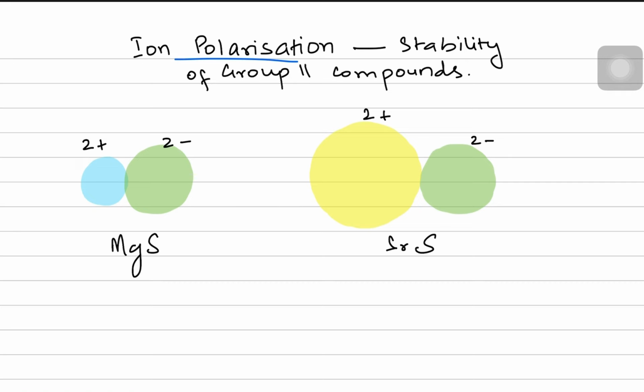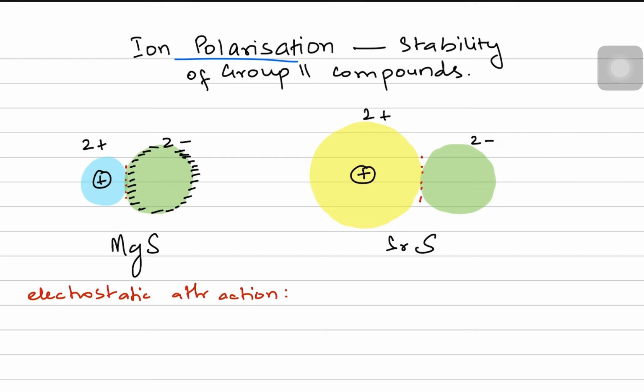Actually, there is attraction between these cations and anions, which is our electrostatic attraction. And if you remember from O levels, the electrostatic attraction is always between oppositely charged particles. Now, what are those oppositely charged particles exactly? It's basically the nucleus of the cation attracting the electron cloud of the anion, and you can say the nucleus of the anion attracting the electron cloud of the cation.